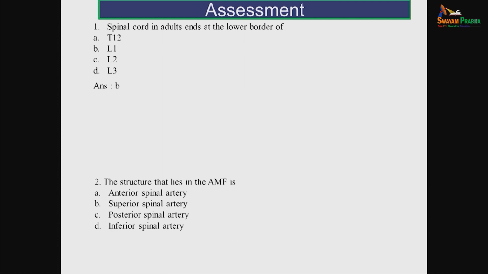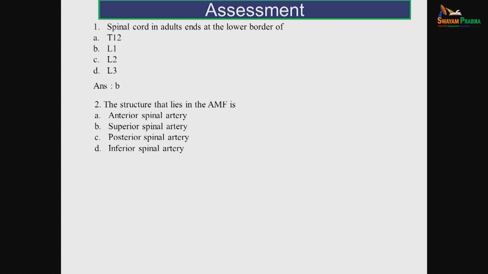Second question is, the structure that lies in the anterior median fissure. The anterior median fissure is 3 mm, and which spinal artery is present in this anterior median fissure? The answer is the anterior spinal artery.